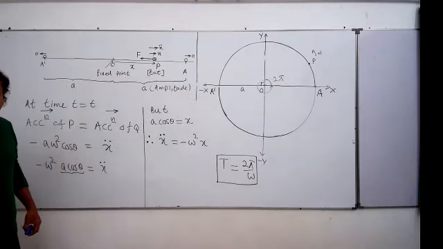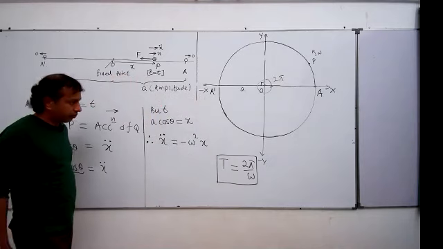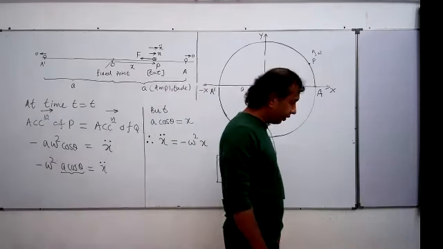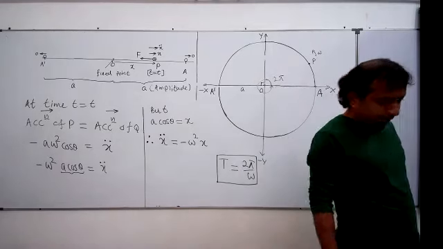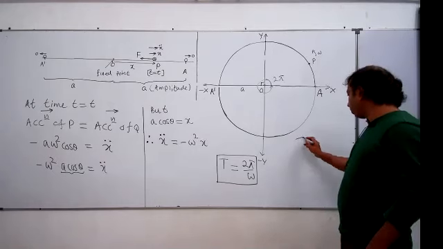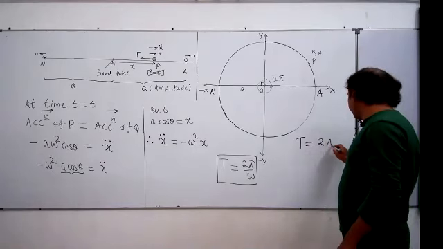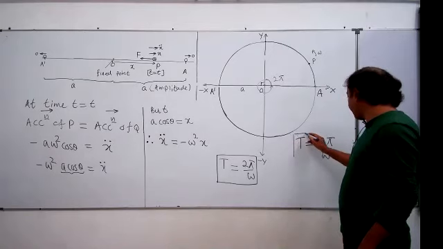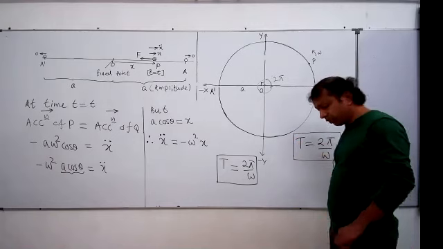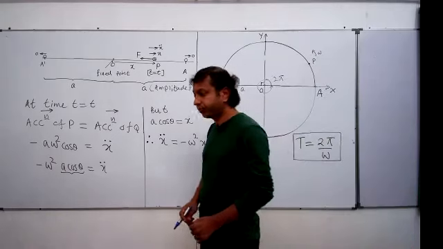So therefore, the period of simple harmonic motion is T equals 2 pi by omega.